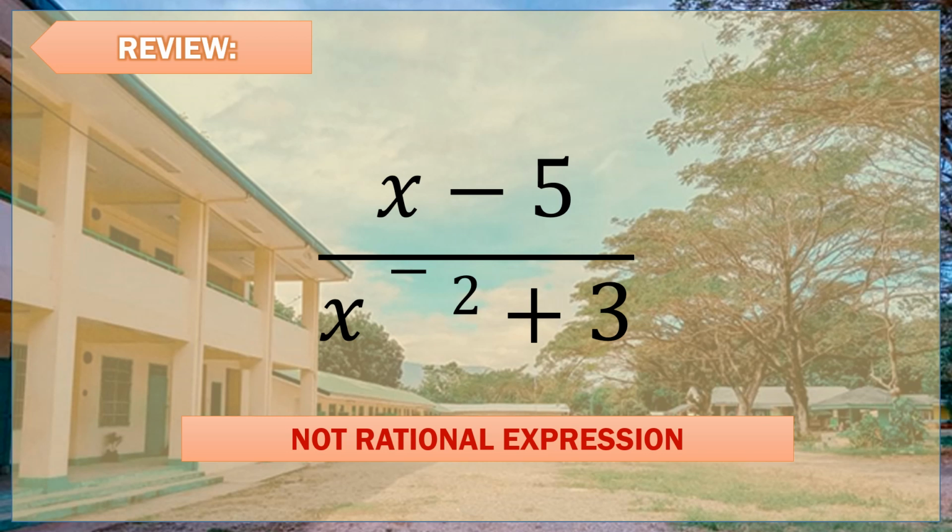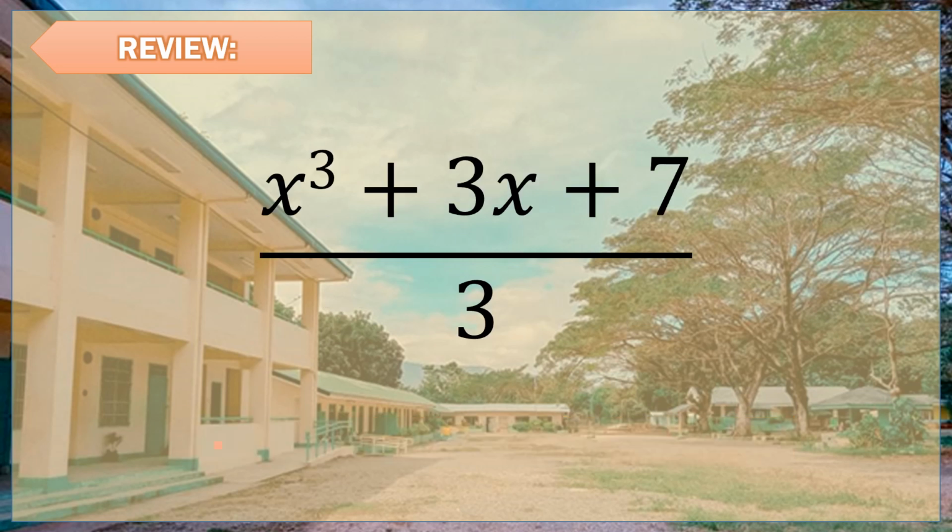Yes, it is written in ratio form, and it has variables in the numerator and denominator. But the exponent here is negative. That is why it is not a rational expression. It would be a rational expression if all of our exponents were positive. So that is the reason why this example is not a rational expression.